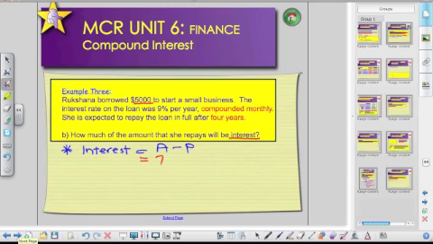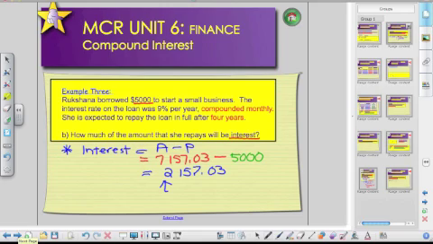That's going to be equal to $7,157.03 subtract $5,000 and that's equal to $2,157.03.